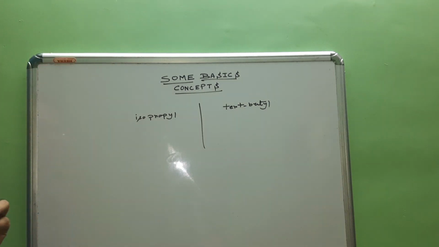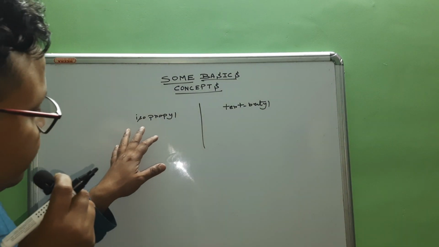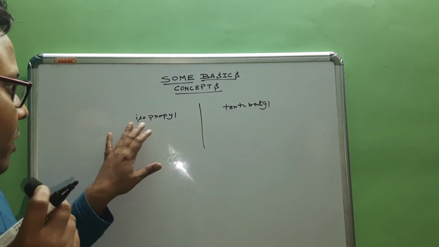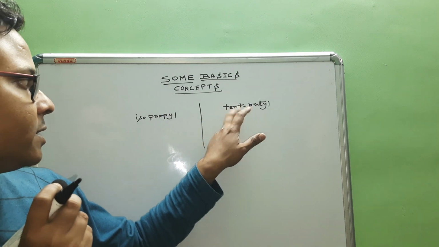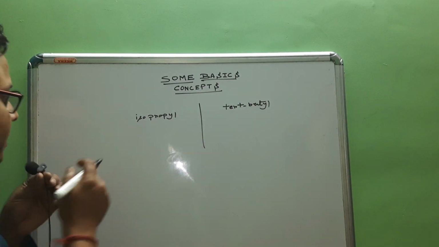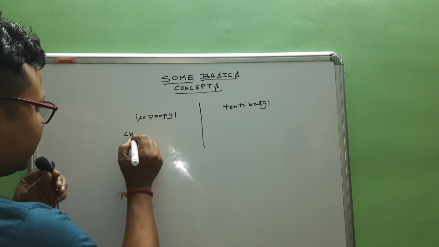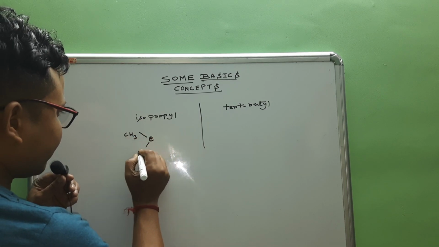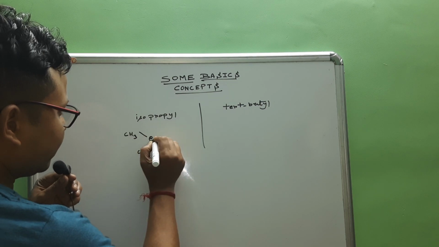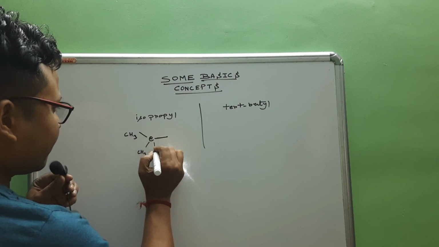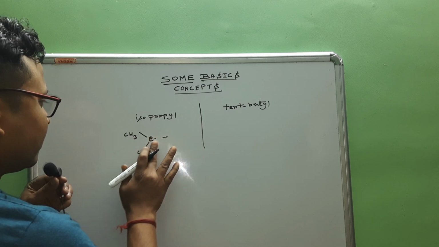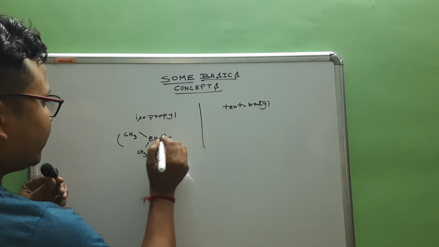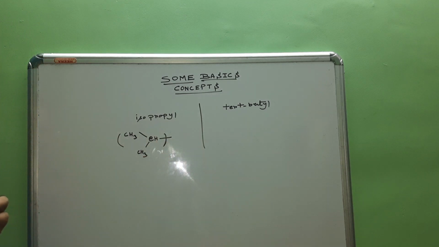People often have misconceptions about these two terms: what is the isopropyl and what is the tertiary butyl. So isopropyl is nothing but the alkyl moiety CH3, like this. Again I have written here this curve. This alkyl group is called the isopropyl alkyl group.